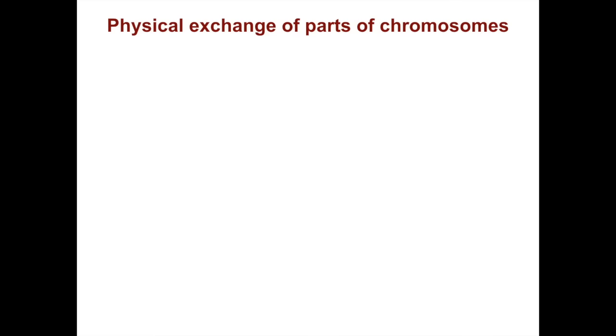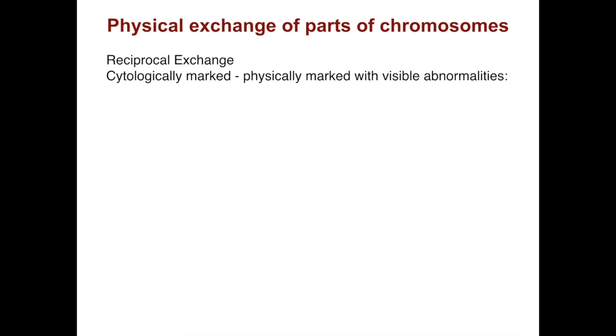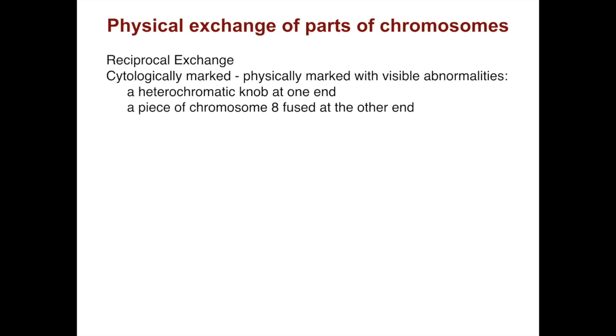So how did this process work? It involves reciprocal exchange. So they could mark the chromosomes and detect abnormalities in the chromosomes visually. So they had a chromosome that had a heterochromatic knob at one end and one that had a piece of chromosome 8 fused at the other end. These abnormalities were also genetically marked.